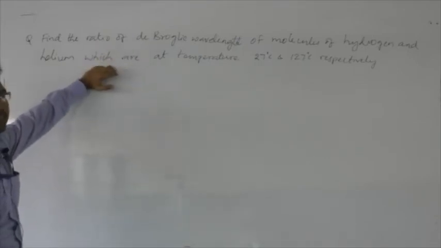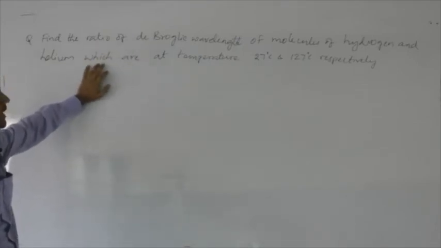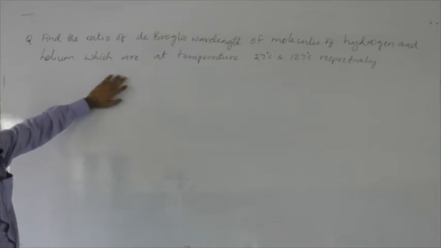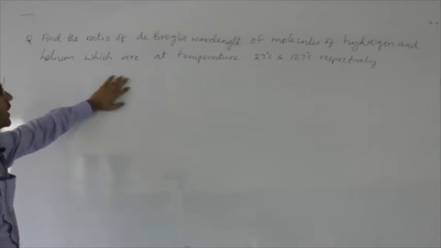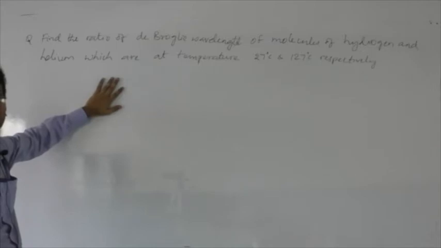Now two molecules are there, hydrogen molecule and the helium molecule, which are at different temperatures. We have to find the de Broglie wavelength associated with them.